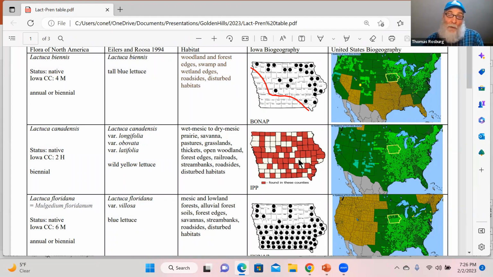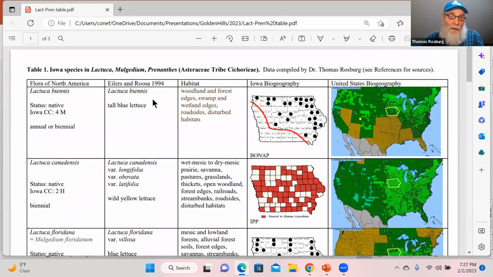It just means we don't have a record of it there. There hasn't been enough extensive collecting in every single county for there to be a voucher of all the species present in each county. But when you see a pattern like this, we can certainly assume that there are populations of this species out here in these counties that aren't red.